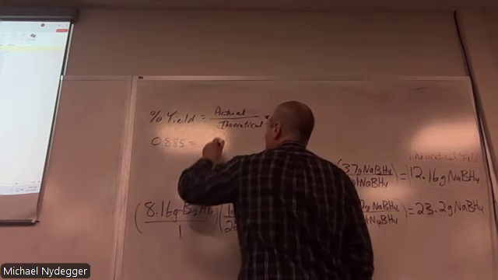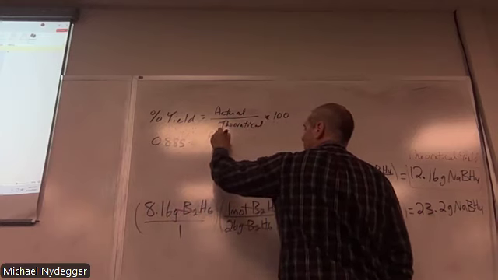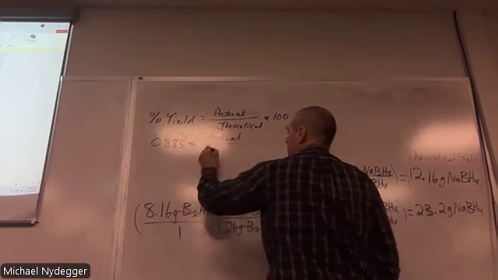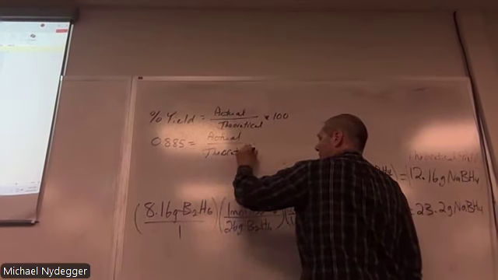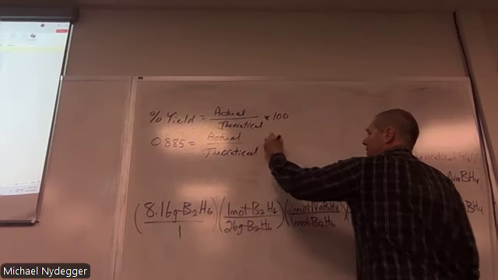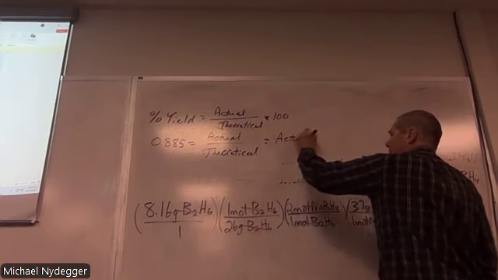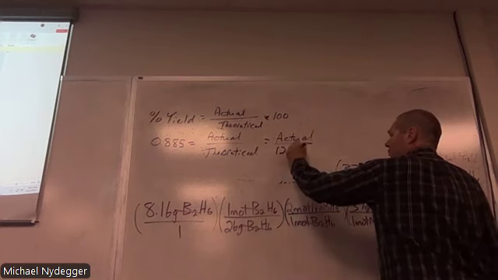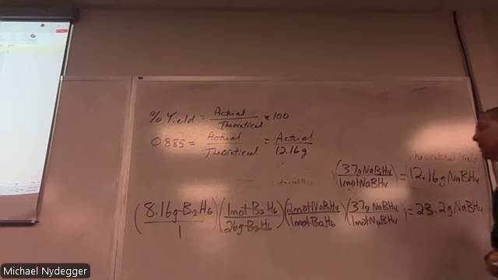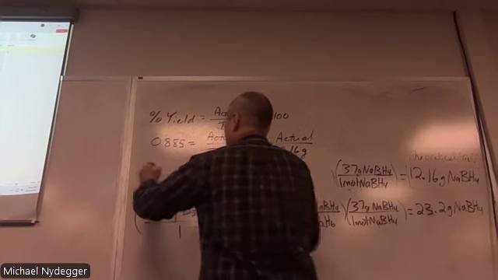So now we know that our yield is going to be 0.885, equal to our actual, that's what we're looking for, divided by our theoretical, right? And that's going to be 12.16 grams. It's our actual.